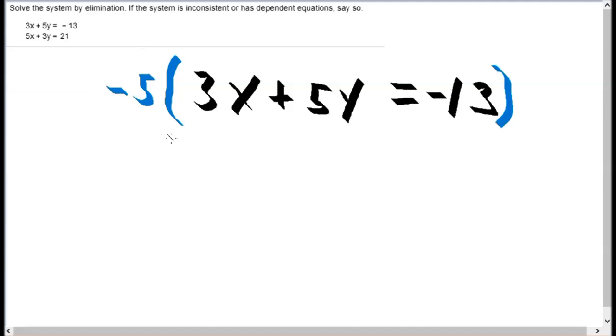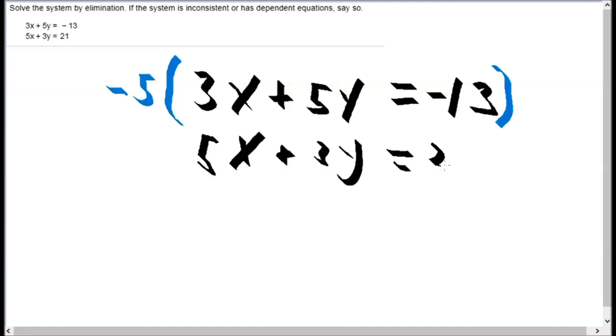So we'll take that bottom equation here, 5x plus 3y is equal to 21, and we're going to multiply that whole thing by positive 3. Okay, so if I do that, let's see what we get for a result here.